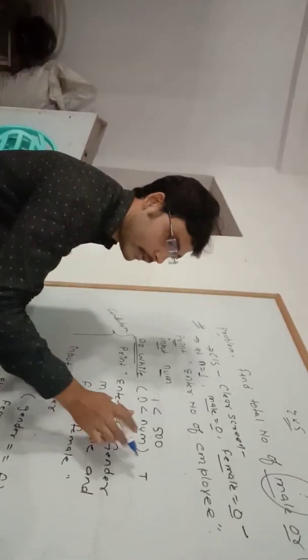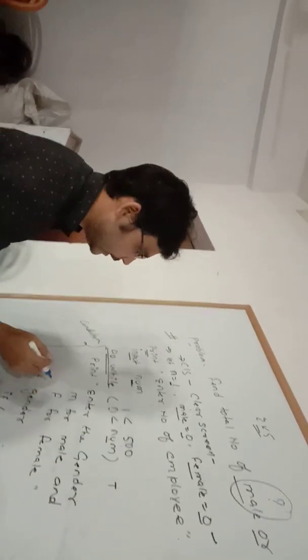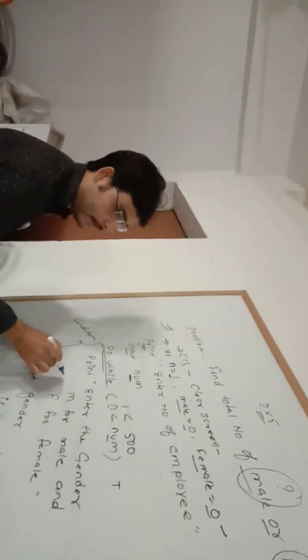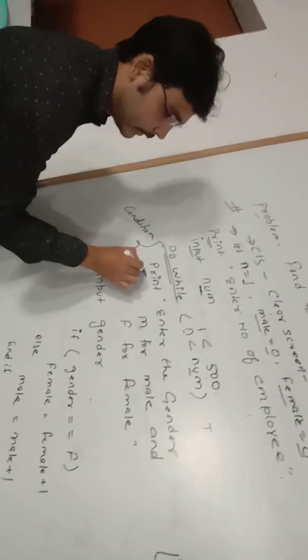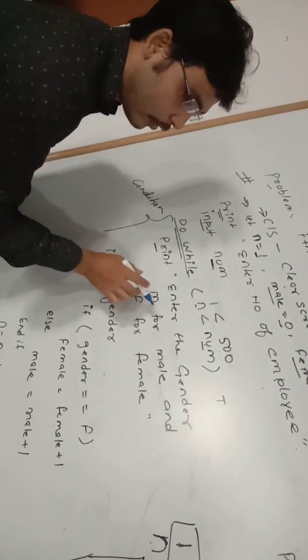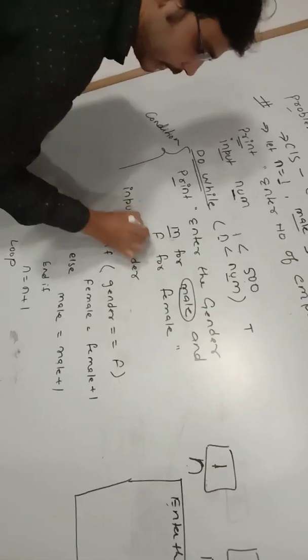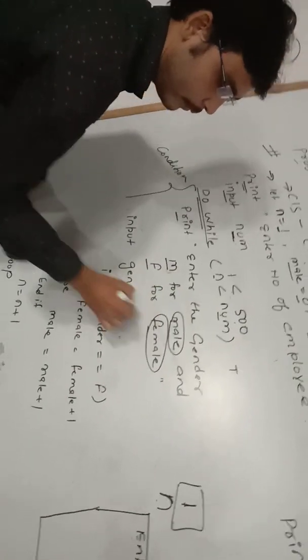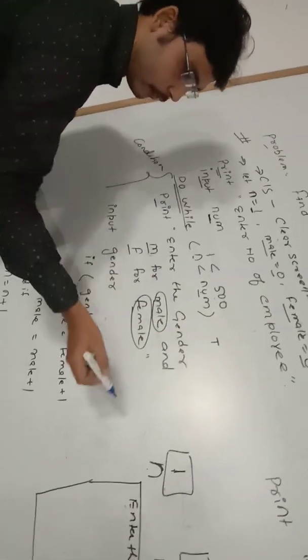Yes, true. If it is true, it will enter this loop, and the first print command is here. So the same output will appear on the screen: enter the gender, M for male and F for female.